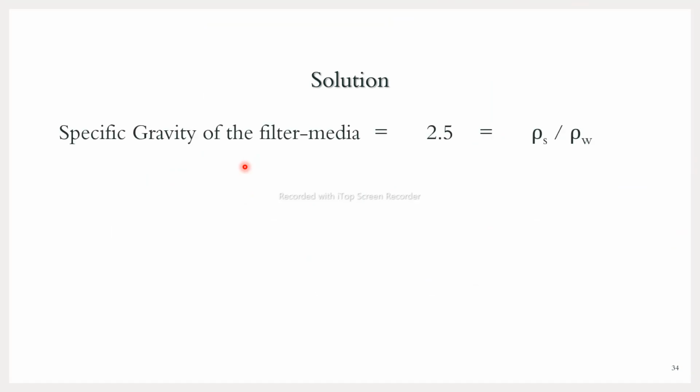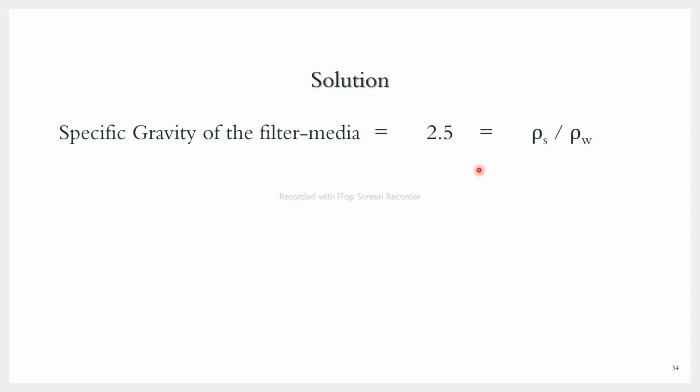The specific gravity of the filter media in the question is given as 2.5. Now, specific gravity means what? Specific gravity means rho s by rho w. Rho s is the density of the filter bed media. The filter bed media has particles made of certain materials, and the density of that material is rho s, divided by rho w, which is the density of the water.